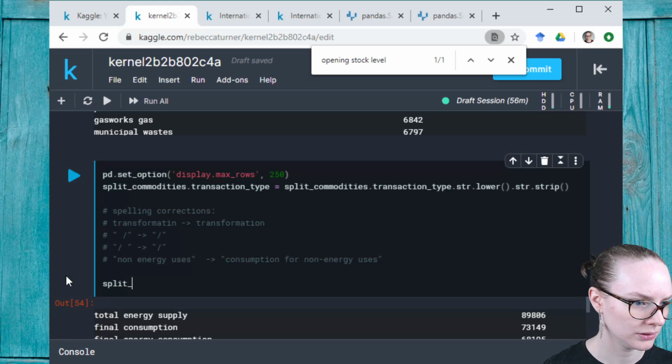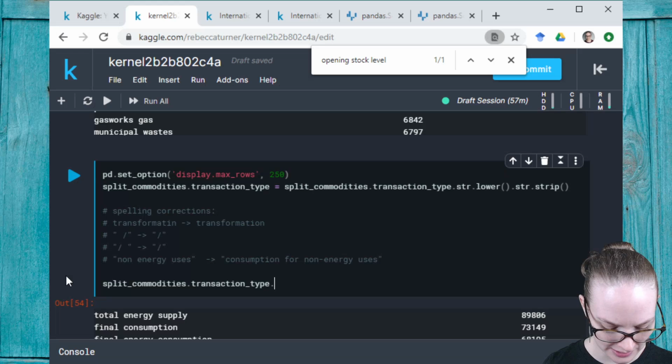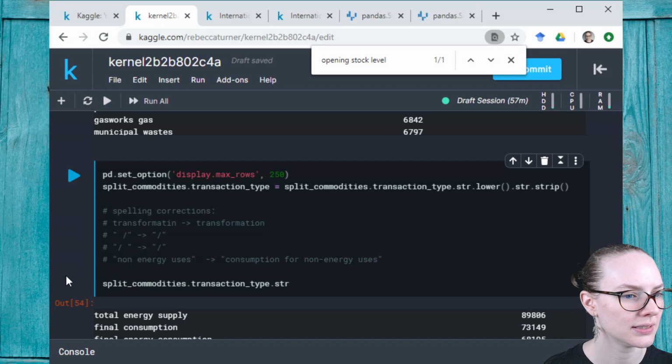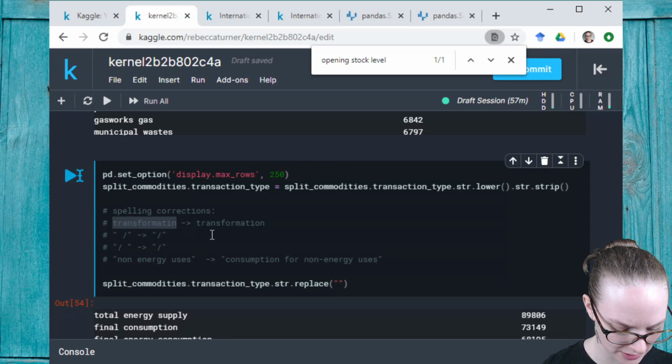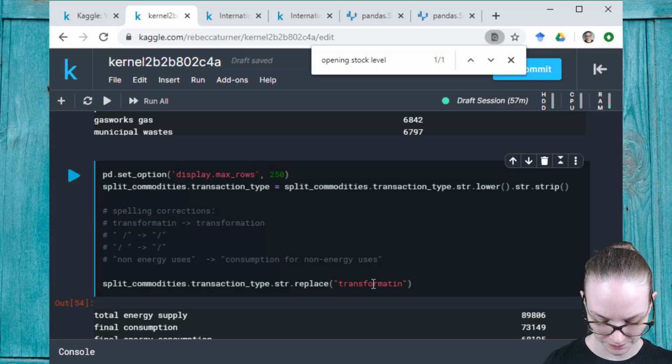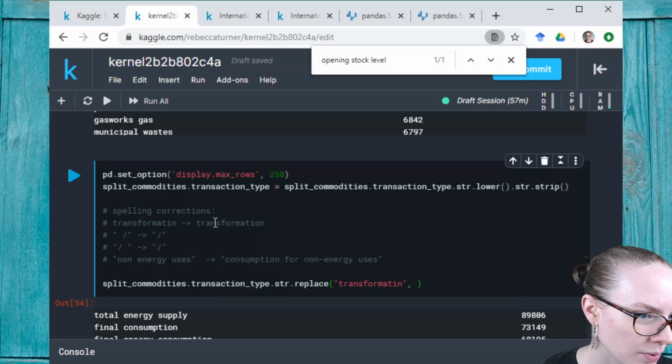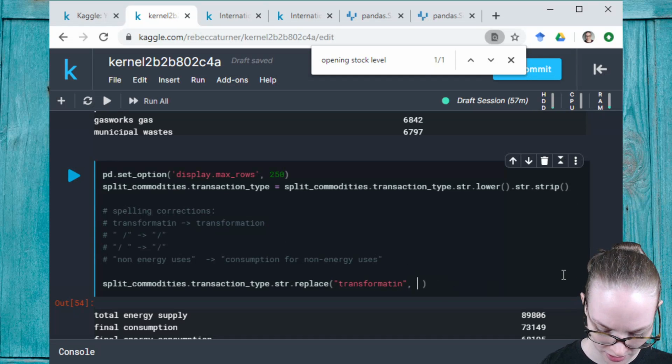So, split commodities dot transaction type dot replace. And then we want to replace the misspelled transformation with transformation.